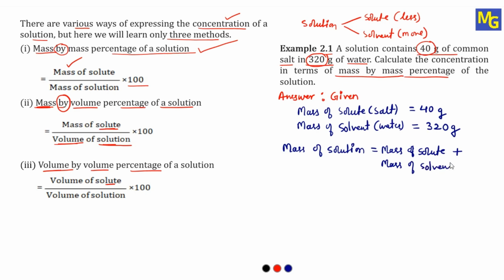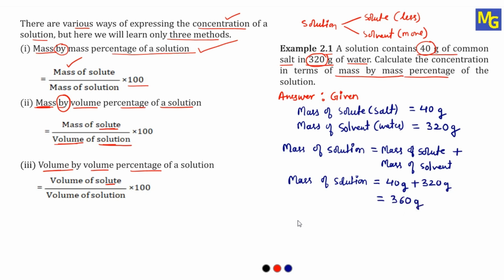So substitute the values. Mass of solution is equal to, how much solute do we have? 40 gram. And how much solvent do we have? 320 gram. If you add these two numbers, we will get 360 gram. And now we will use our formula, that is mass by mass percentage.